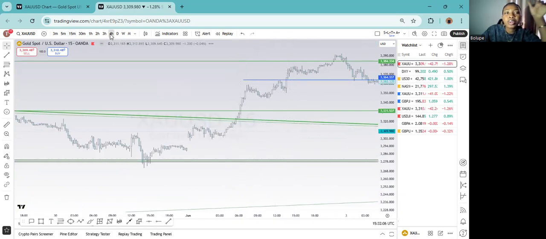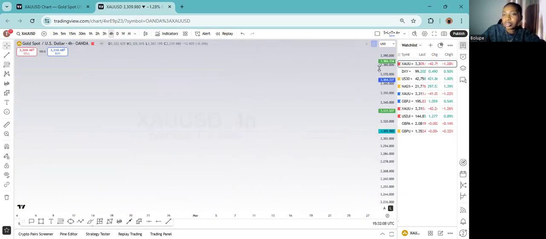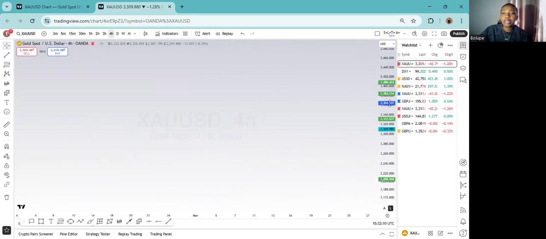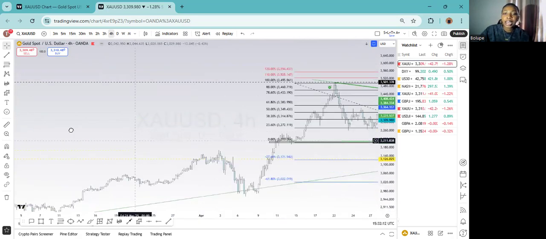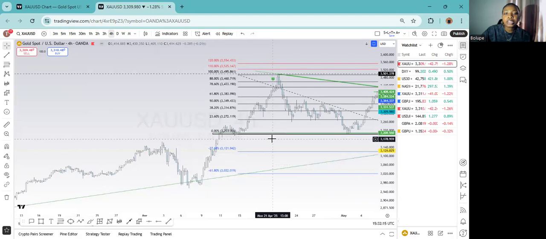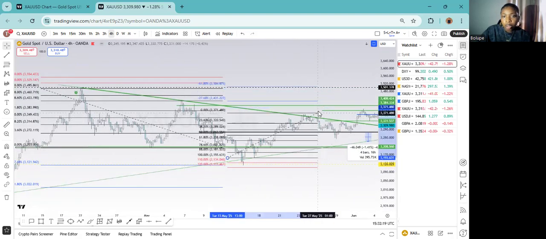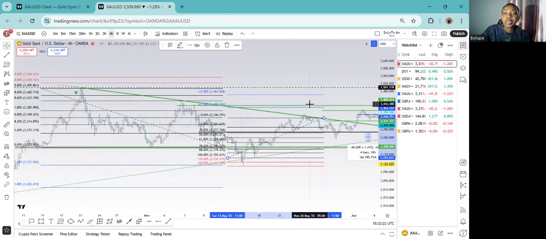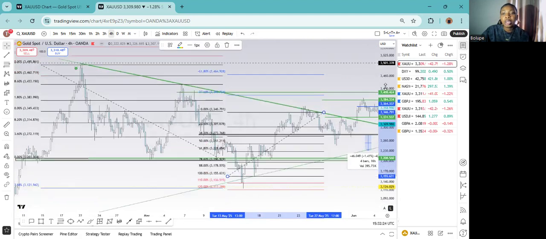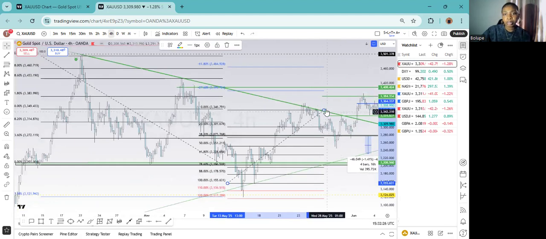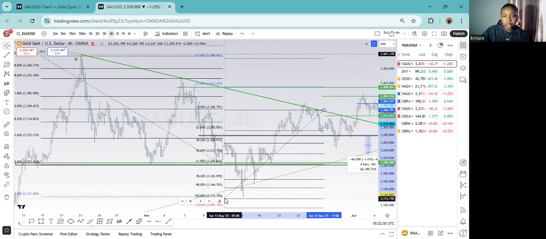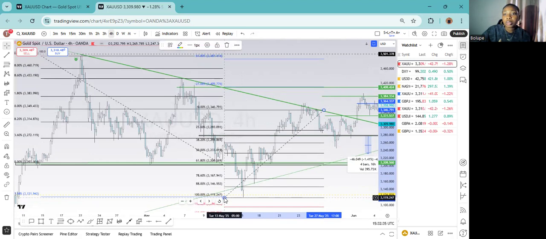Now, remember a few videos ago, we talked about what gold was doing, and there is a potential major structural fib here, or just a main fib here that has not hit TP. So that means that structure is still forming and we are still in it. So that's what I'm looking out for, when price does that.